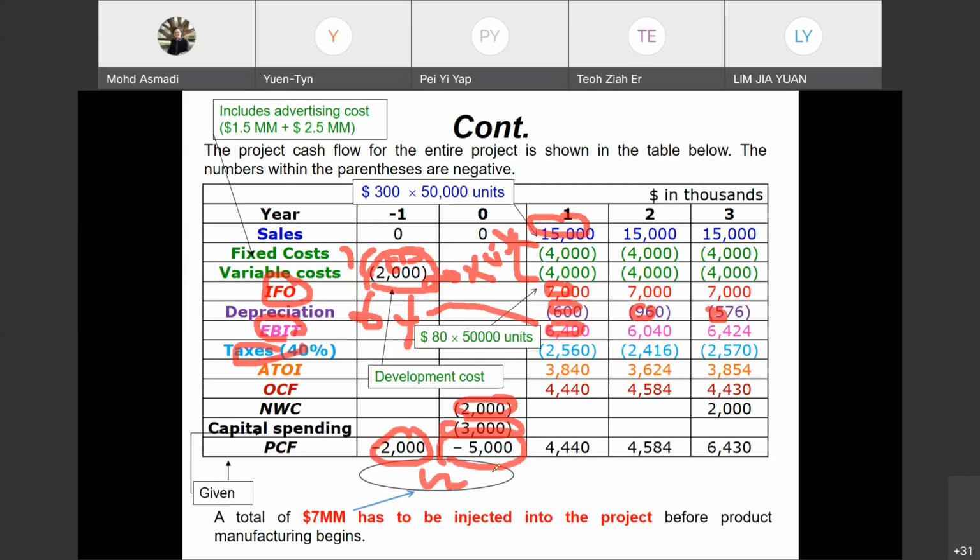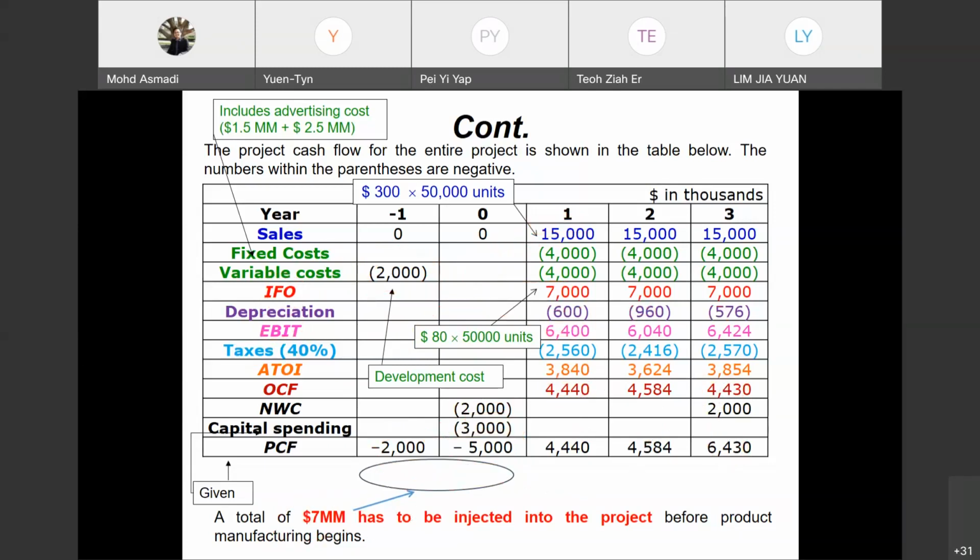So total is 7,000. Okay, 7 million lah, 7,000 times 1,000. Okay, and then this one, you just bring it down here. This one together. Okay, 4,430 plus with 2,000, so you can get 6,430. Okay, so the amount of money that is injected is 7,000.